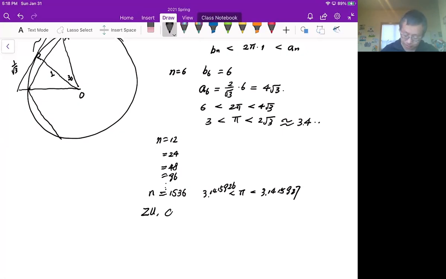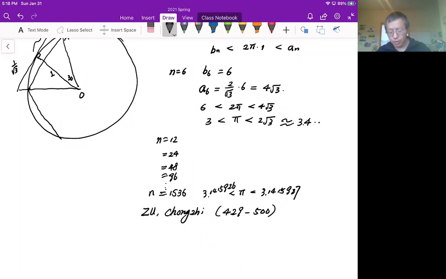It's a Chinese name, so I'm going to write it down here: Zu Chongzhi, from the year 429 up to 500, so sometime around that year. That's about 1,500 years ago.